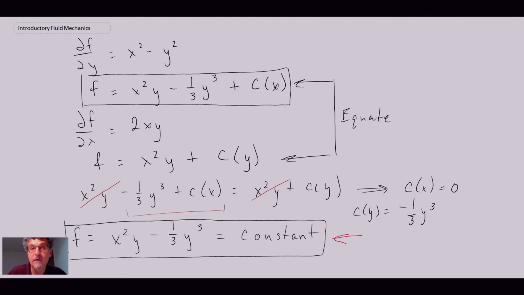So what we can do is take this field, the stream function, and plot it. And the way that we plot it is using a contour plot. So what I've done, and I'll show you in the next couple of slides, is a plot of that function.